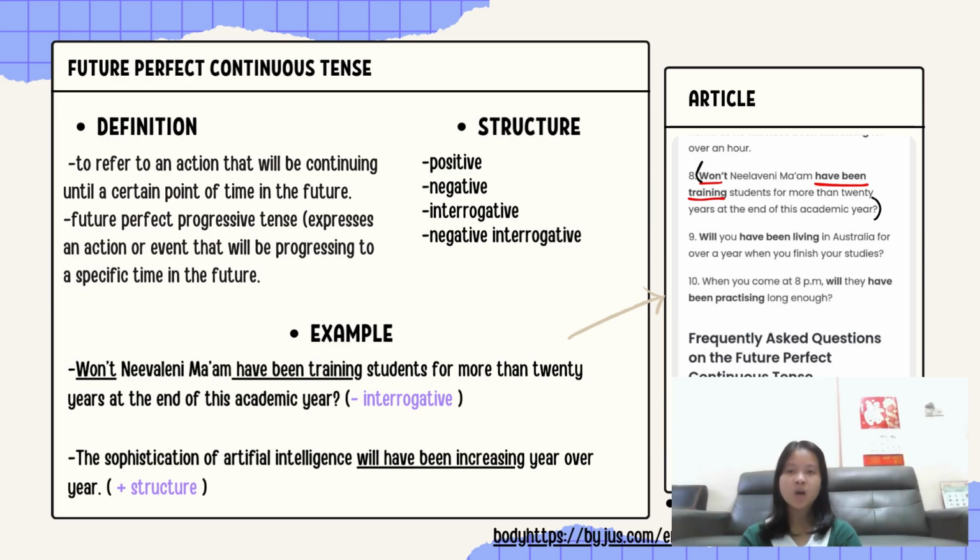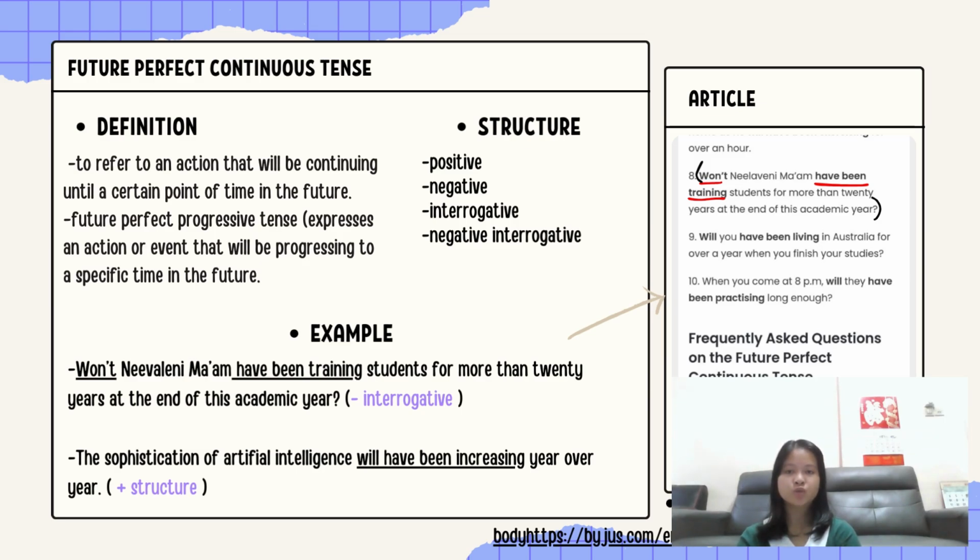Last but not least, we have future perfect continuous tense. The definition of future perfect continuous tense is to refer to an action that will be continuing until a certain point of time in the future. Future perfect continuous tense is also called the future perfect progressive tense.